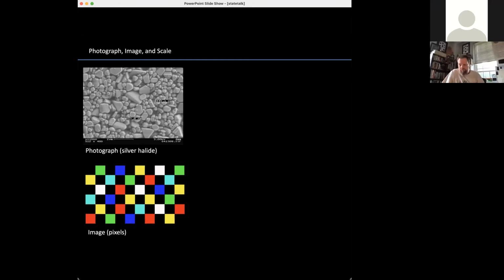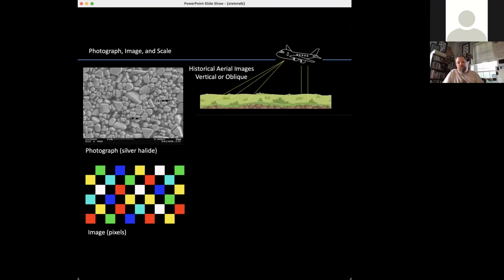So for archaeological purposes, there are essentially three scales. The first is aerial imagery. Of course, this is taken from above the landscape, either with the camera mounted in a vertical position, so taken directly down on the landscape, or oblique, taken forward at some angle.